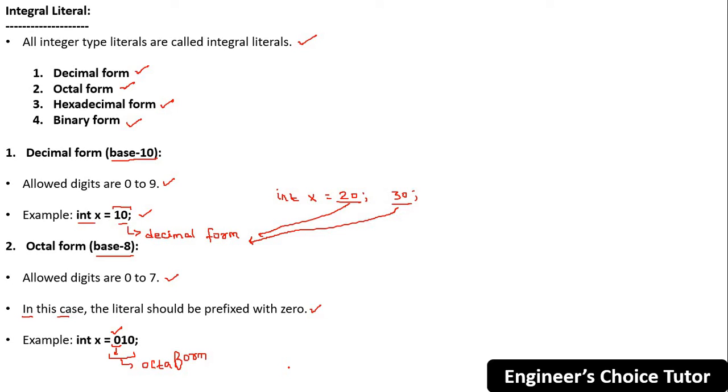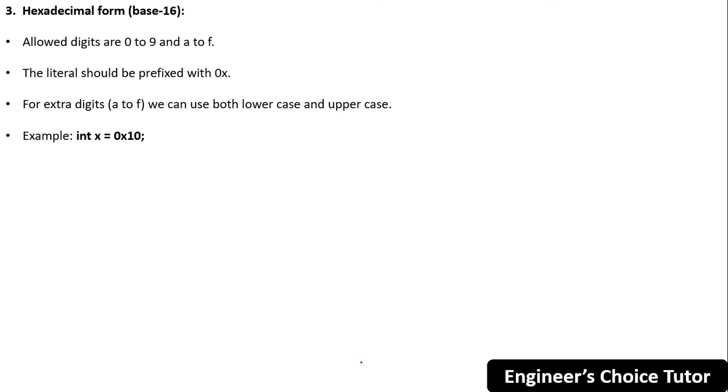Now the next form is hexadecimal form. Talking about hexadecimal form, the allowed digits are 0 to 9 and A to F. The literal should be prefixed with 0x. For the extra digits, that is A to F, we can use both lowercase and uppercase.